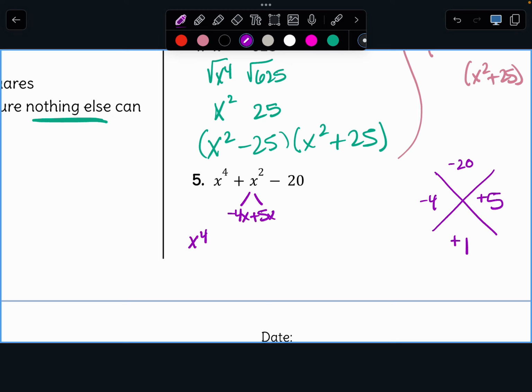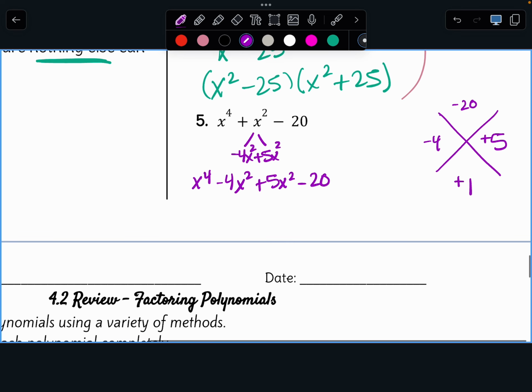So I have x to the 4th minus, sorry, those are squared terms, 4x squared plus 5x squared minus 20. I can divide this by x squared and this by 5. So I have x squared times x squared minus 4 plus 5 times x squared minus 4.